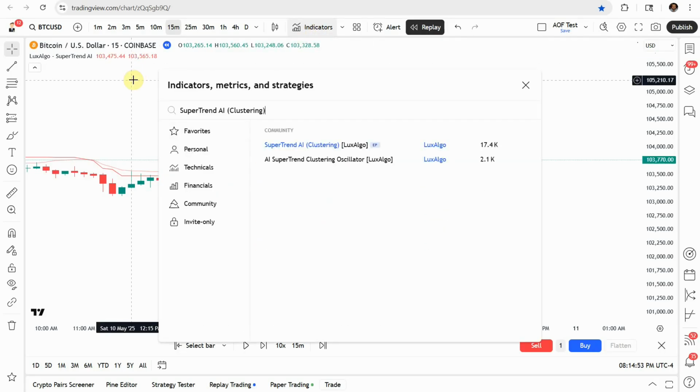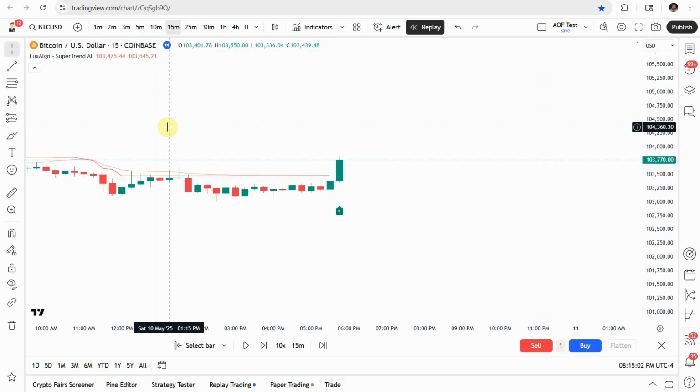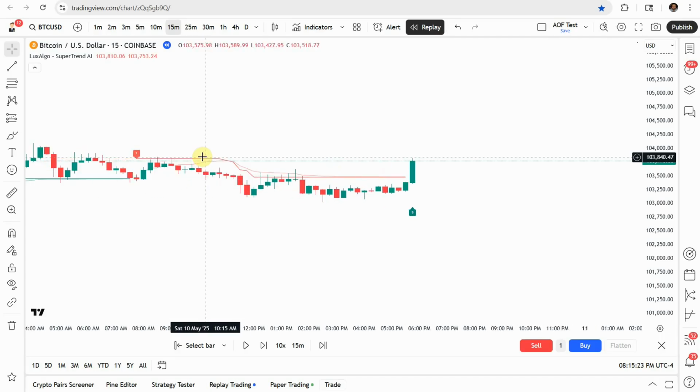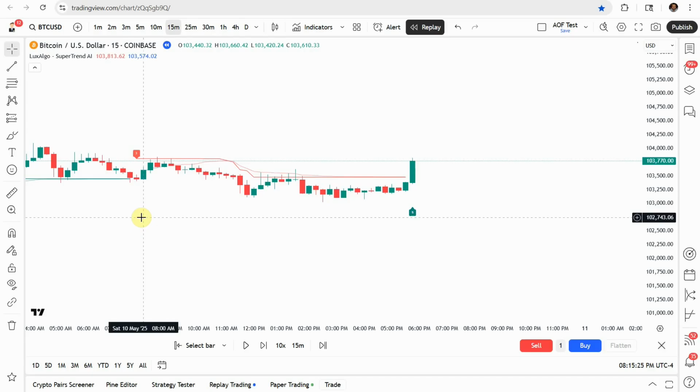And so the indicator we are going to add to the screen is the Supertrend AI clustering, this one right here. Go ahead and click on that and add it to the screen. And everything stays on the default settings. And so we'll explain the indicator just a little bit. We won't go into what could or could not be considered AI or machine learning.